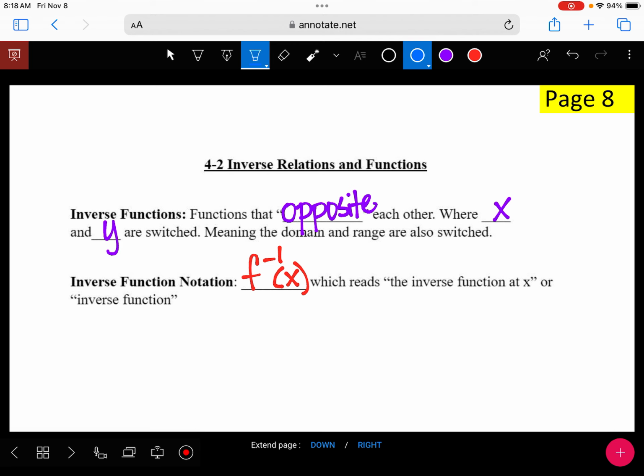So we're talking about inverse relations. We're going to do 2 graphs. So inverse relations and functions.